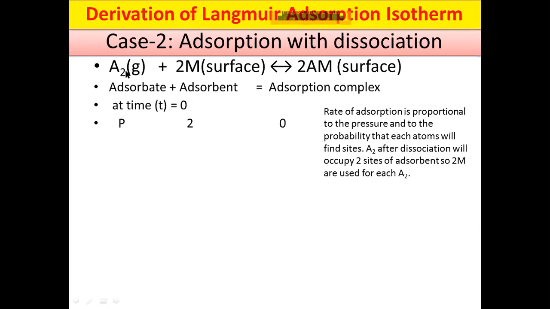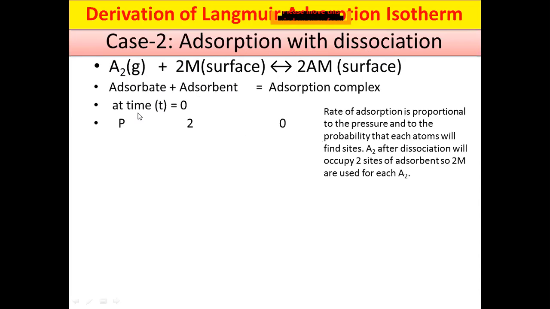And in the previous case there was no dissociation, so one site was available to occupy only one molecule of the adsorbate. That's why in the previous case we studied the adsorption without dissociation.